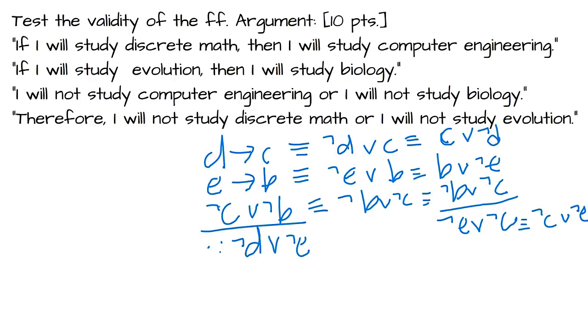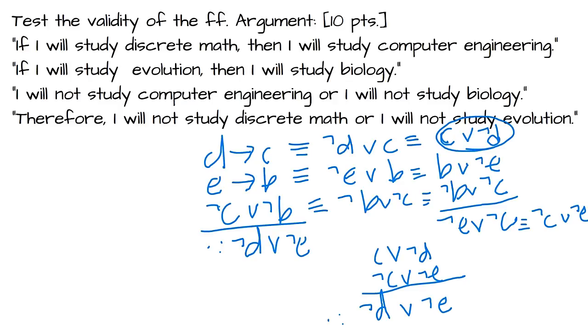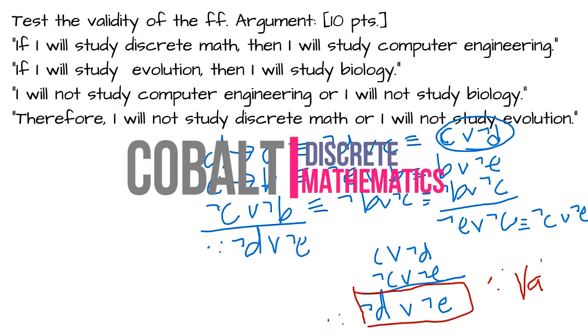So commutative of premise 1, C or not of D, and partner it with not of C or not of E. And by resolution, this will result to not of D or not of E. Therefore, by this method, applying resolution twice, we get the conclusion. Hence, the argument is valid.